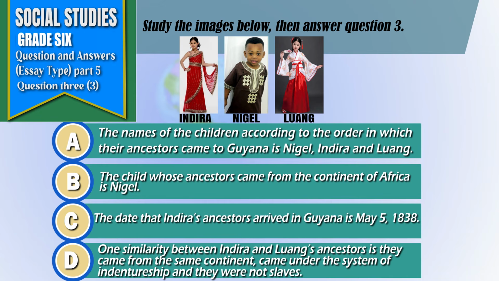Yes, the East Indians and the Chinese were brought to Guyana by the Europeans to work as indentured servants. And another similarity between Indira and Luang's ancestors is they were not slaves. So those are answers that you could have written, and any one of them is correct.